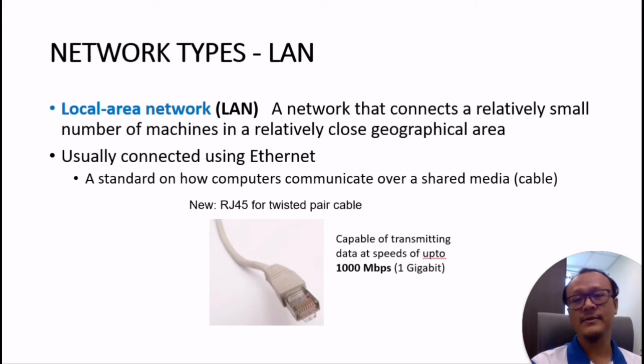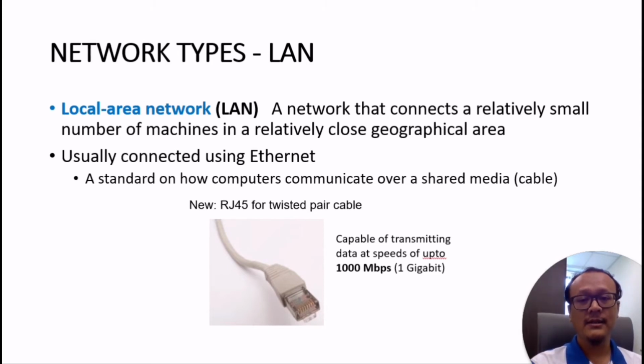So there are a few types of network. The common one is LAN, local area network, a network that connects a relatively small number of machines in a relatively close geographical area, for example our computer lab.